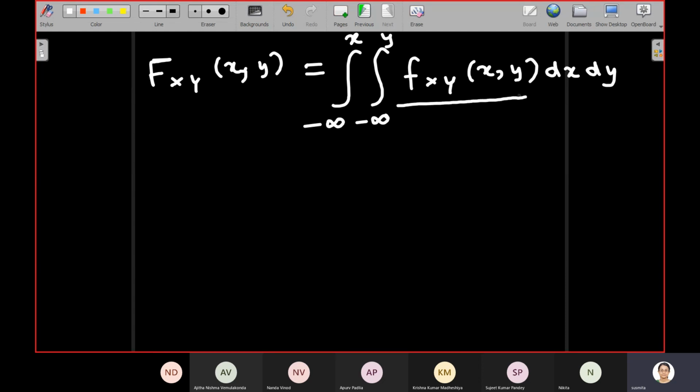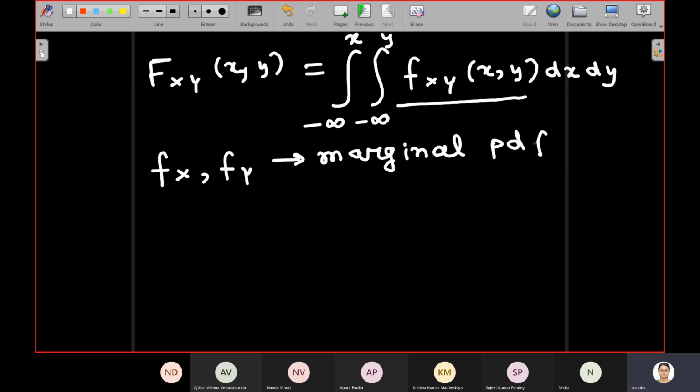How about the marginal or the individual PDFs? Individual PDFs are called marginal PDFs, okay? It is also possible to find the marginal PDFs from the joint PDF. How? You just need to integrate along one dimension.